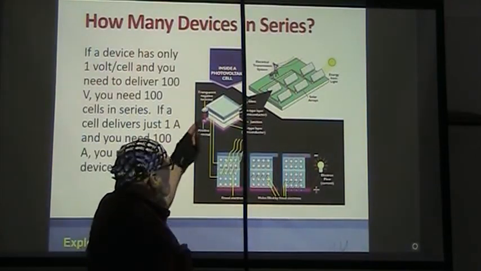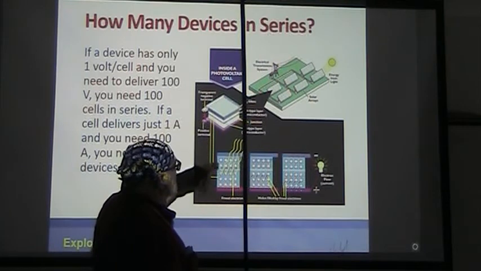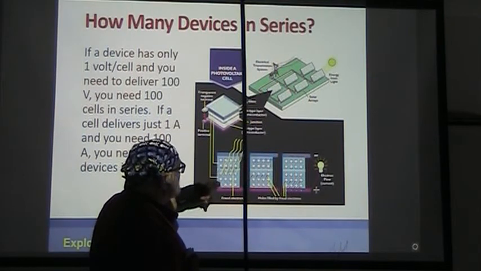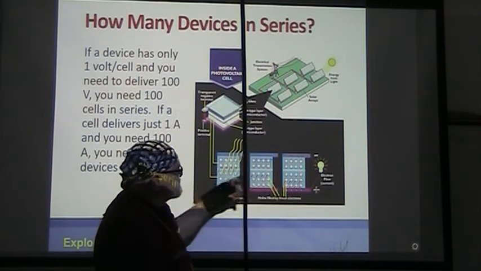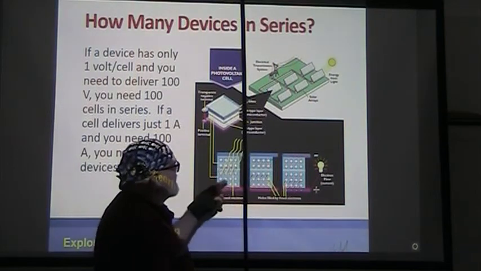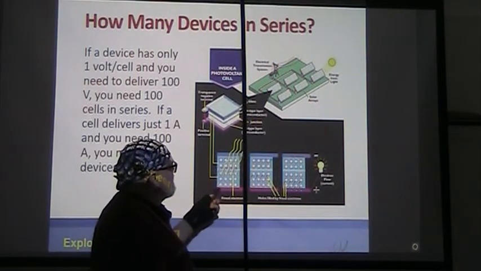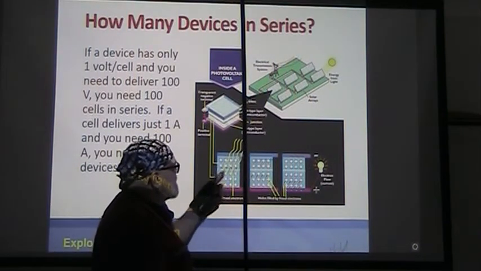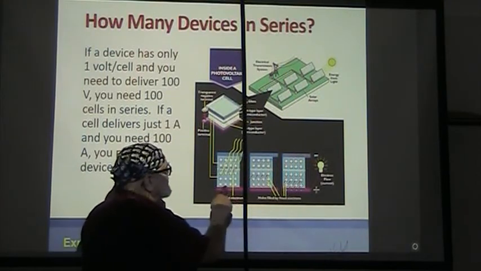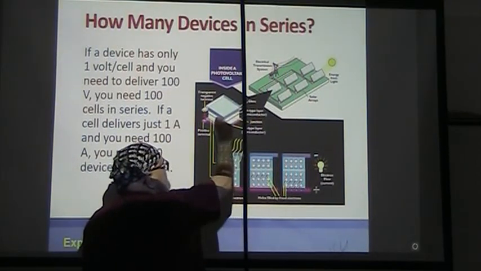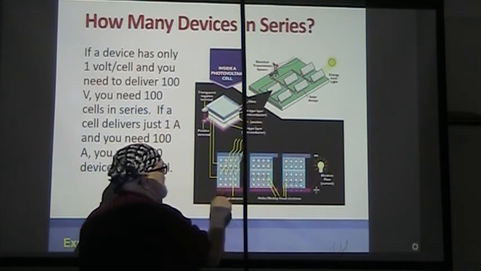All right, so we have different abilities for electrons to jump, right? And this again is an illustration of what this looks like sideways.